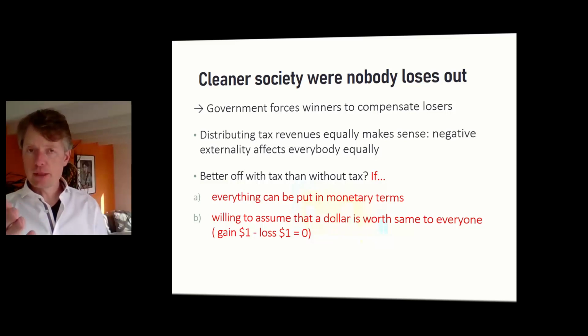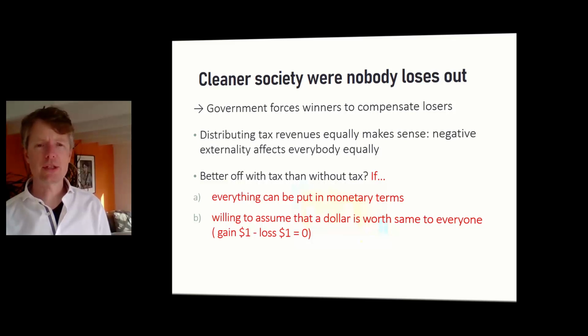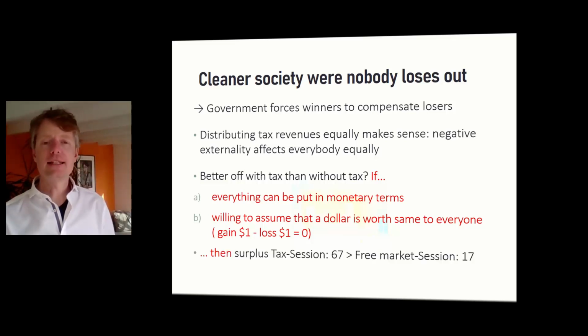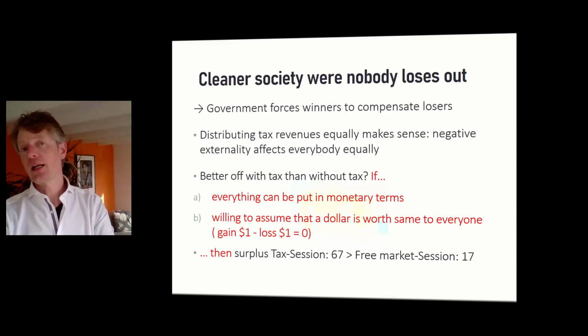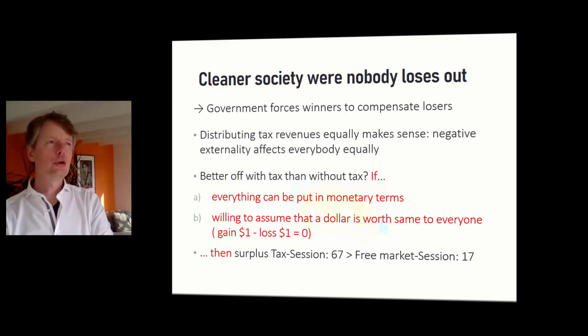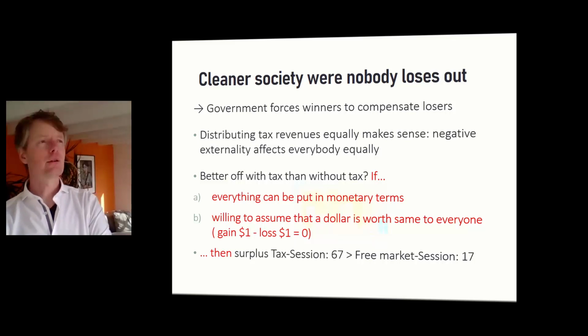If we are willing to make this assumption, and this is something that is not trivial, and I will get back to this in the last week of the course when discussing cost-benefit analysis, then we can compare the welfare under the two regimes, free market versus tax, and we see that indeed welfare goes up.